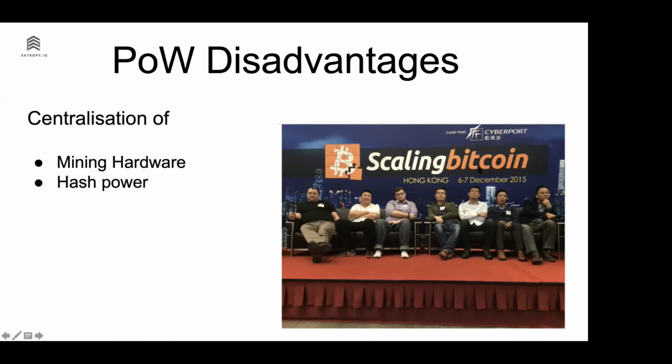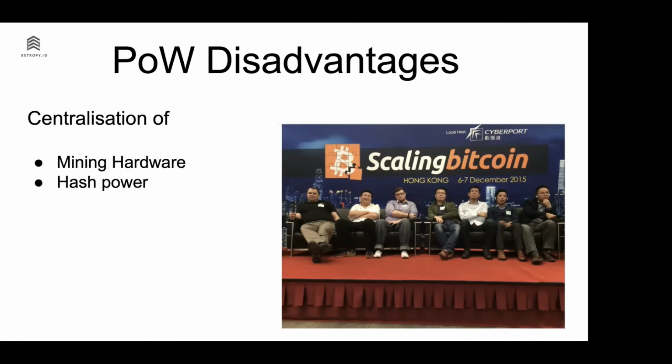And this photo here from a few years ago shows people who represented over 90%, I think, of the hashing power of Bitcoin because they were in charge of these different pools. Now, in effect, they're in competition with each other, so the fact that there are so few of them is maybe not too problematic, but there is centralization.